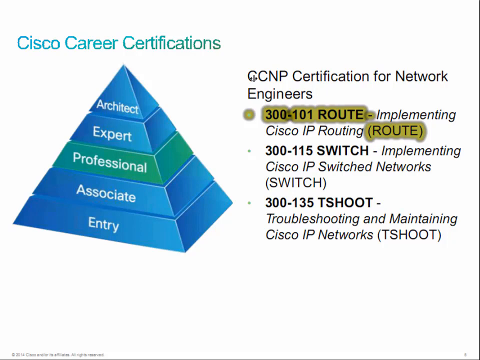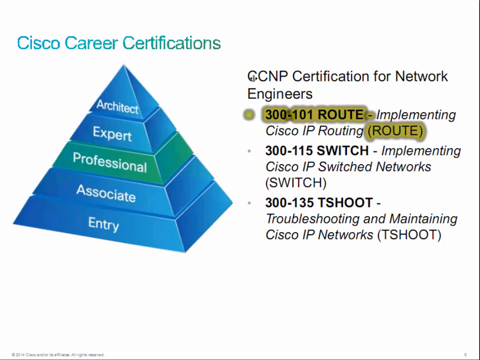In the associate track, there's CCNA route switch, and then there's CCDA, which is the design associate certification. And on the professional level, there's CCNP route switch, and part of the prerequisite to get your CCDP, which is the design professional, is that you have to have your route and switch exams passed.